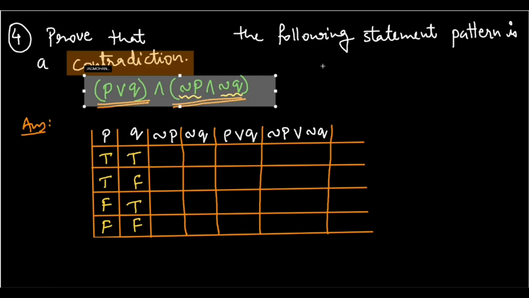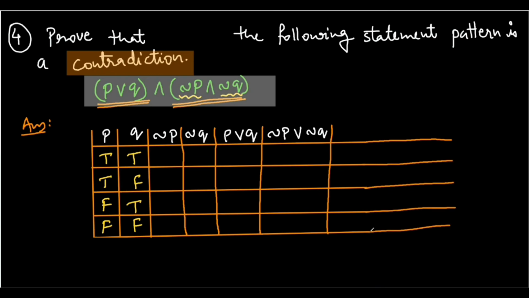In the final column, I will have the complete statement pattern, which is P or Q and negation of P and negation of Q. This is the final column.